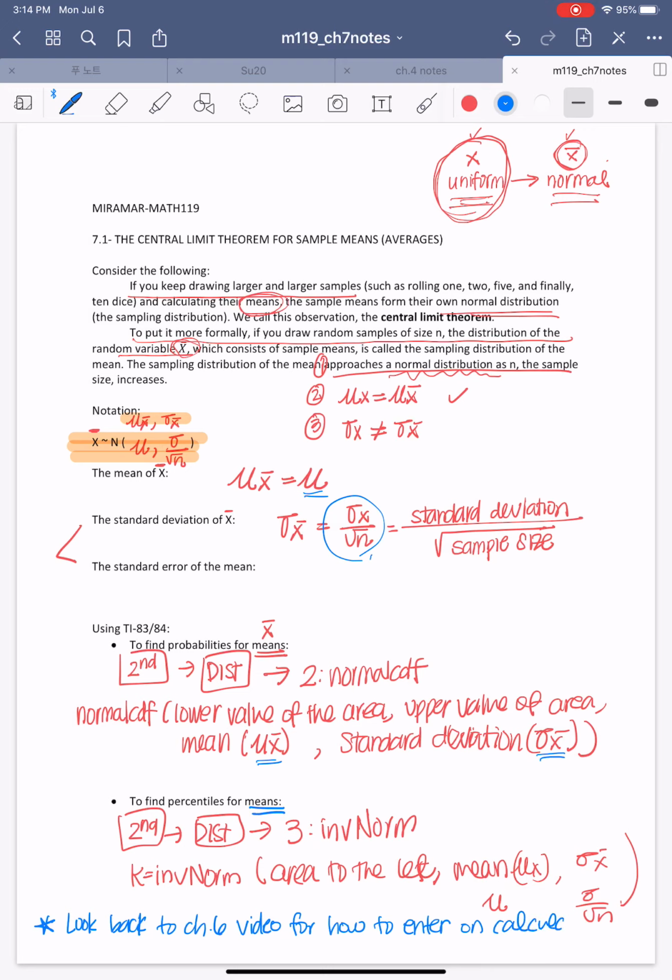Okay, so I'll type up the number, I'll write down normal CDF and those 4 numbers, but I'm not gonna switch back and forth between the camera and the lecture notes on how to use a calculator, because I already explained it in the chapter 6 video. So if you're not sure, go back and watch the chapter 6 video again on how to enter the normal CDF and the inverse norm. Okay, let's move on to the actual problem.